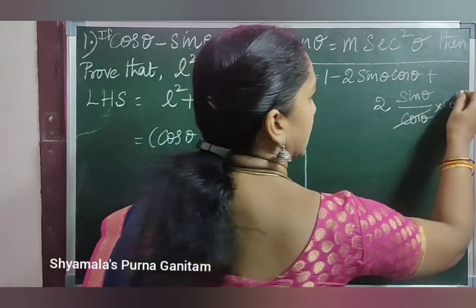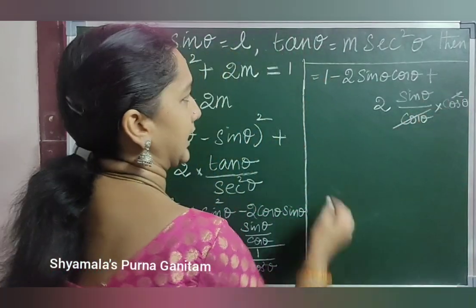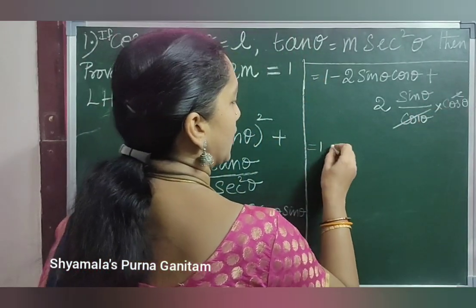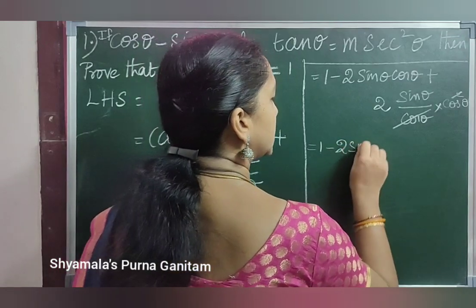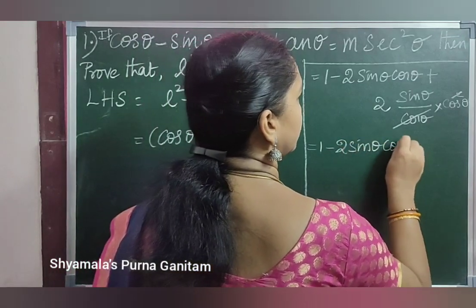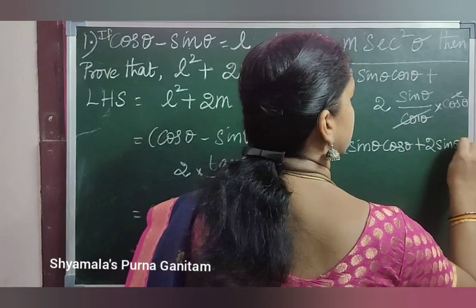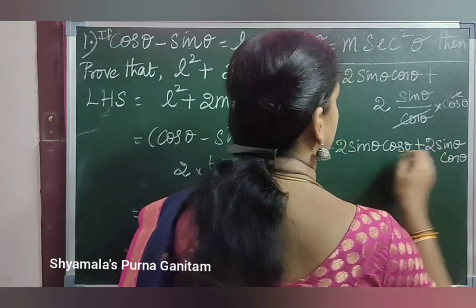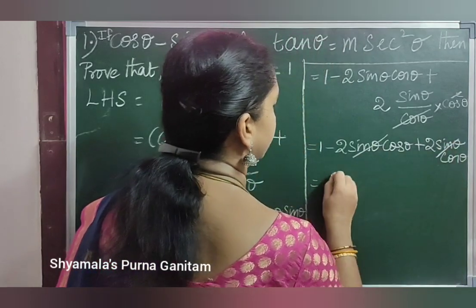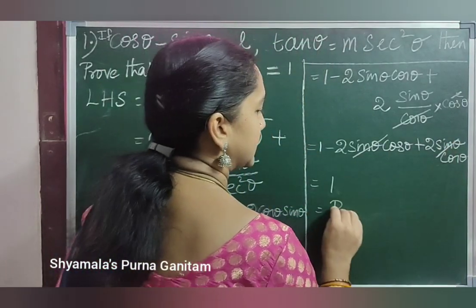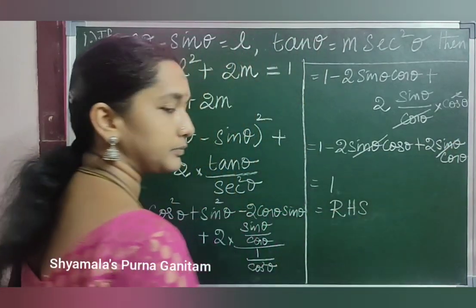So 1 cos theta and 1 cos theta will get cancelled. So 1 minus 2 sin theta cos theta plus 2 sin theta cos theta. So this and this will get cancelled. We will get the value as 1. That is the RHS value.